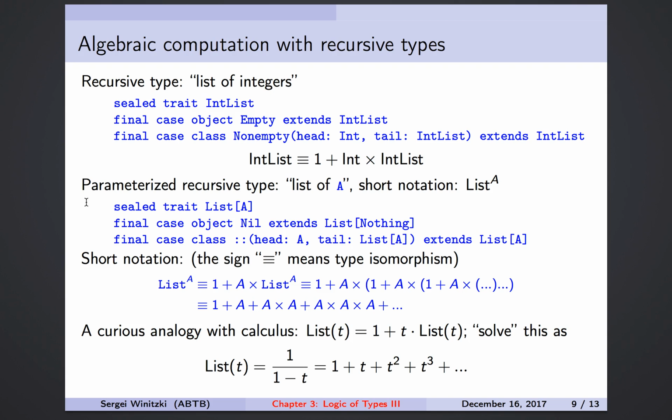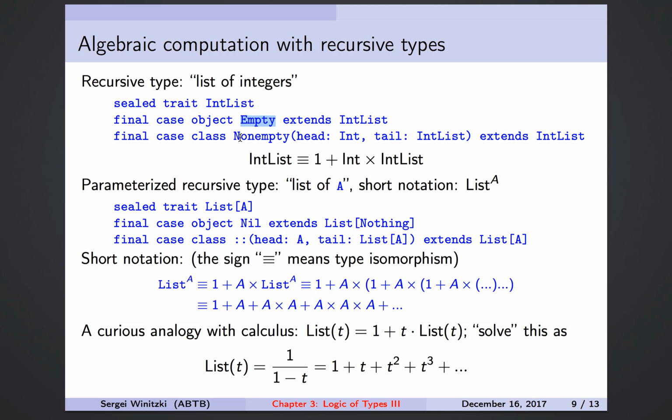So consider this definition. So there's an integer list, IntList. I'm defining a new type using the syntax with the sealed trait and case class. So there are two cases. One is empty, which is a case object, so it's an empty tuple.